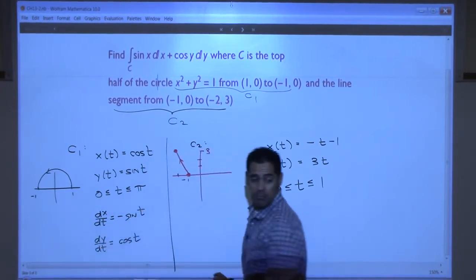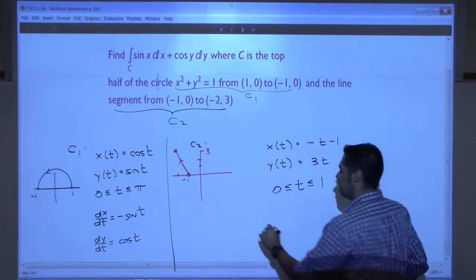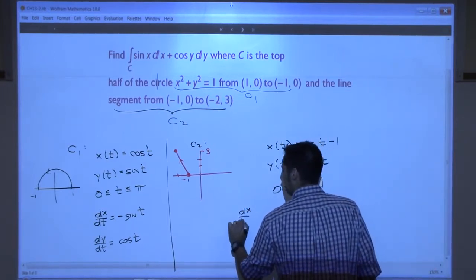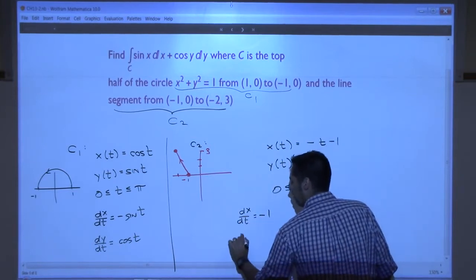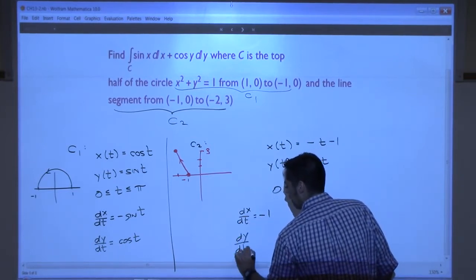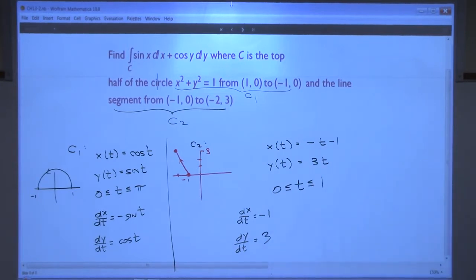We may not need it, but it's not that much for us to get them. So dx dt is -1. dy dt is 3. We good?